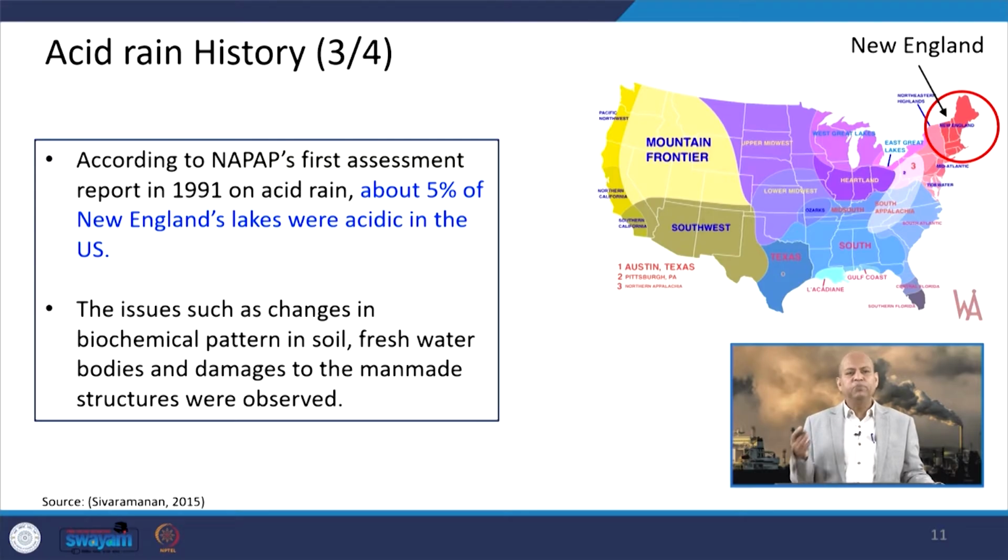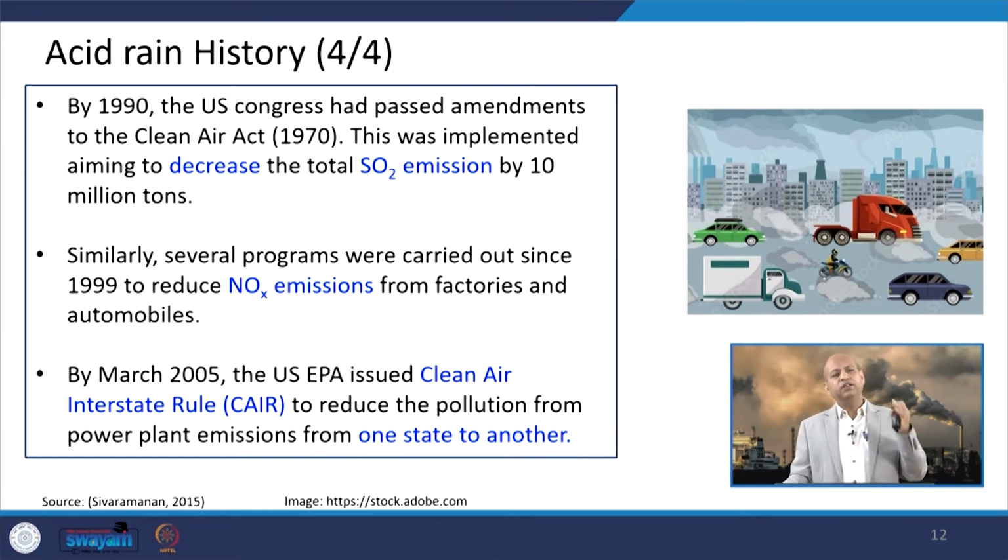Changes in the biochemical patterns of the soil, characteristics of freshwater bodies, and damage to man-made structures were also observed and associated with acid rain precipitation. By 1990, the US Congress had passed amendments to the Clean Air Act of 1970, aiming to decrease total emissions of sulfur dioxide by 10 million tons. So, very big targets were aimed to be achieved.